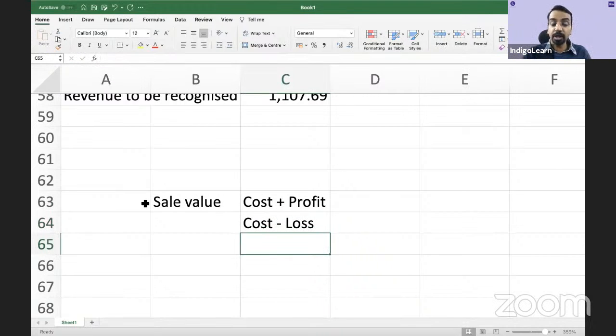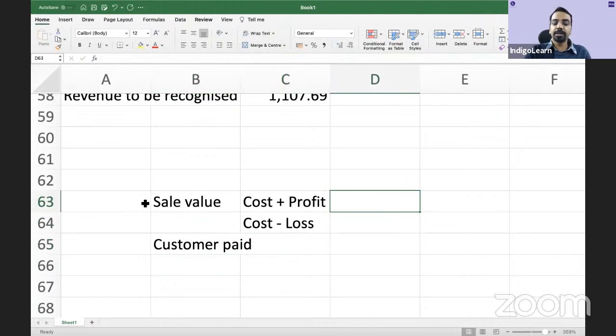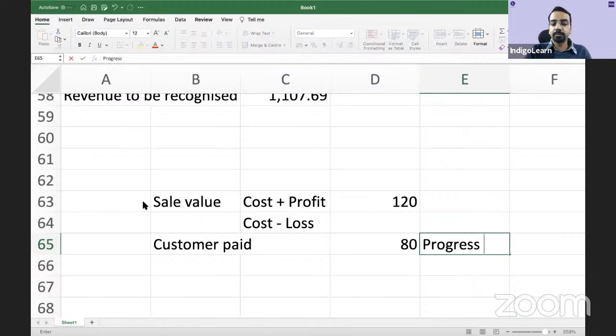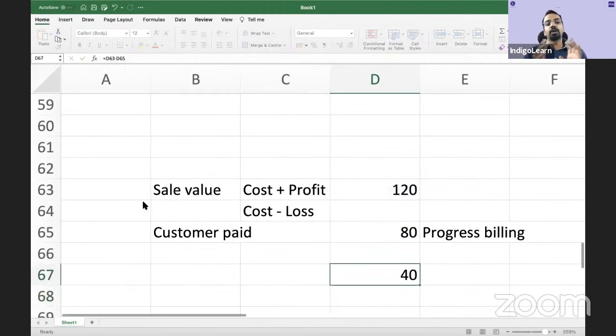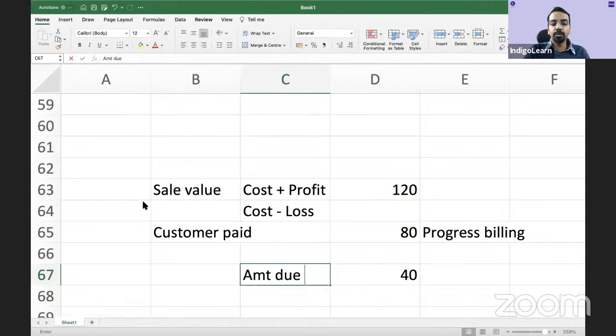Now, if the customer has paid you, let us say cost is 100 plus profit is 20, 120, and the customer has already paid you 80. This we call progress billing. Then how much is to be received from the customer? 120 minus 80, you have to receive 40 from the customer, right? This is amount due from the customer. Very simple. The total cost plus profit minus loss minus any progress billing will give you amount due from the customer.